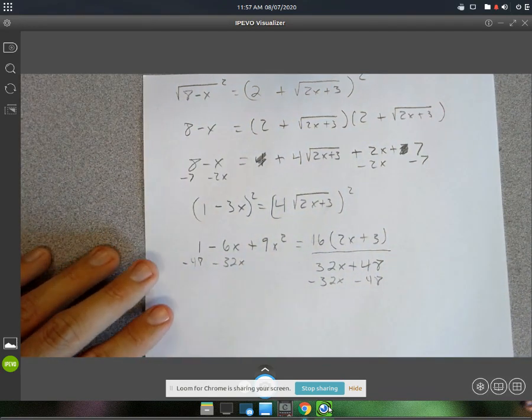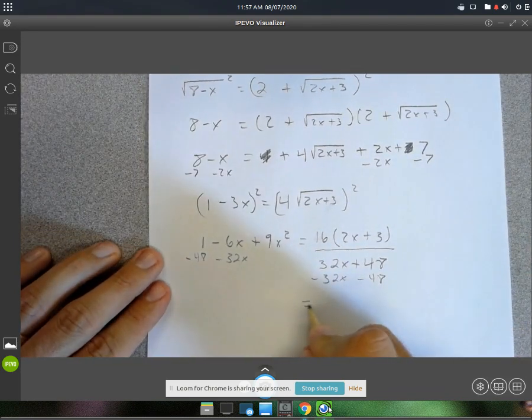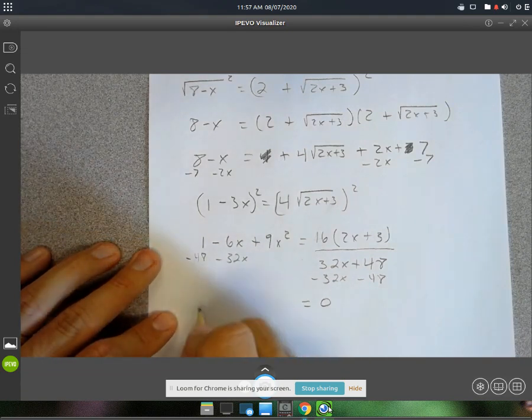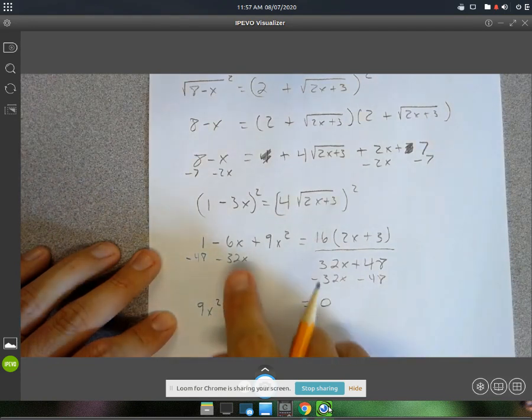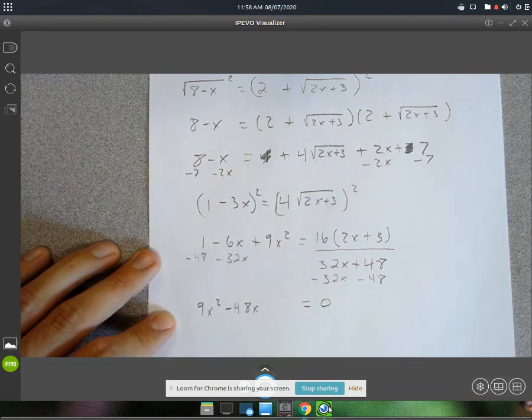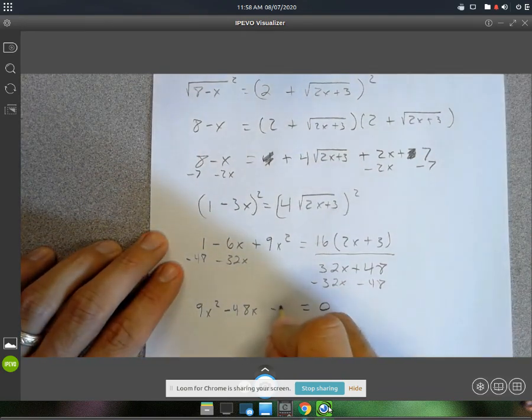All right, so this side's gone. It gives us a big 0. Let's write this in standard form. We've got a 9x squared. This is going to give us a negative 48x. And this will give us a negative 47.